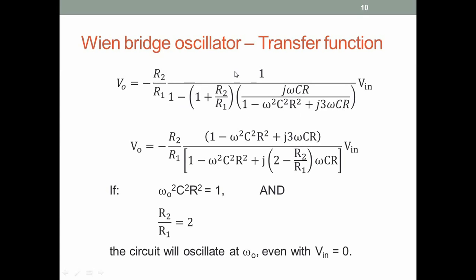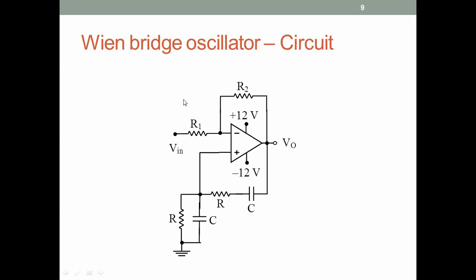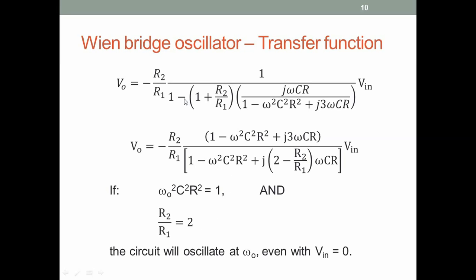This is not in the exact form A over 1 plus A beta because it has two feedback loops. Right now I'm not going to discuss this, but the generic structure is there, and there is a minus sign here because the beta, which is coming from the two RCs, is connected to the positive terminal, and that's why the negative sign comes.